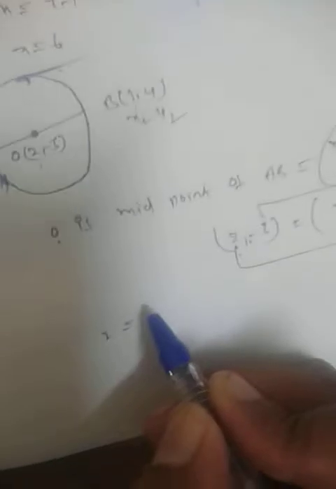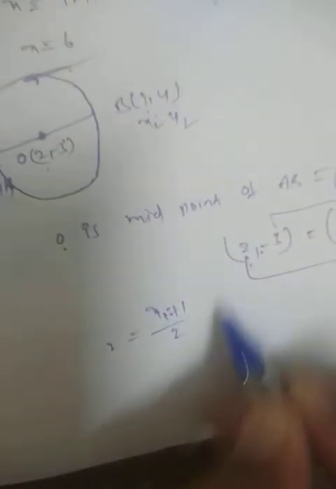So once again, (2, -3) is equal to the center. Equate the corresponding values. What you will get: 2 is equal to (x1 + 1)/2. Next, -3 is equal to (y1 + 4)/2.